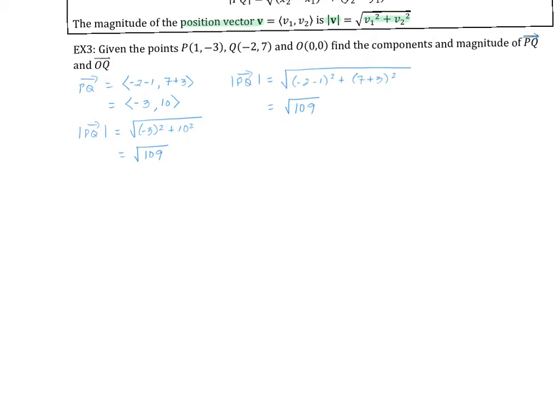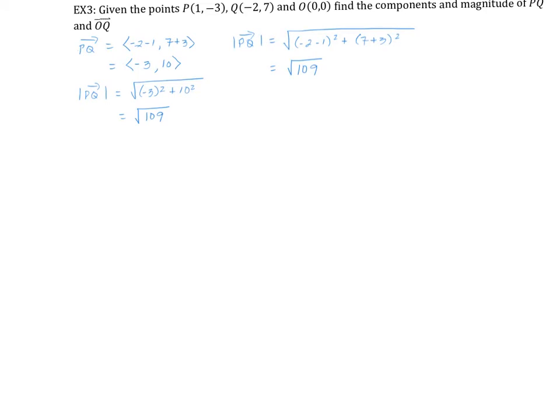So we found the components and magnitude of PQ. Now let's go ahead and find the components and magnitude of OQ. Well, OQ is Q minus O, which would be -2 minus 0, or -2, and 7 minus 0, which is 7.